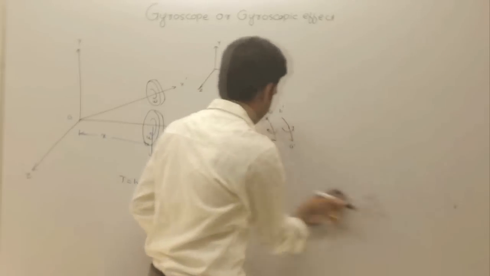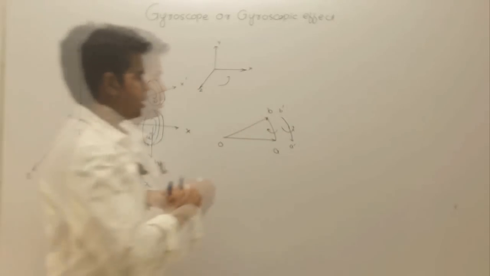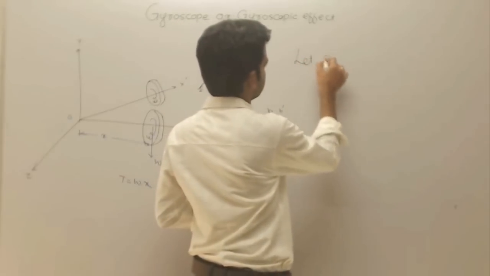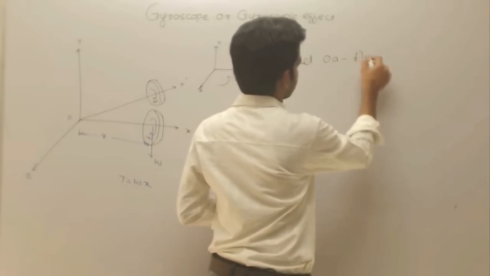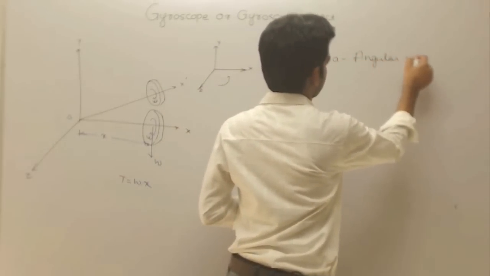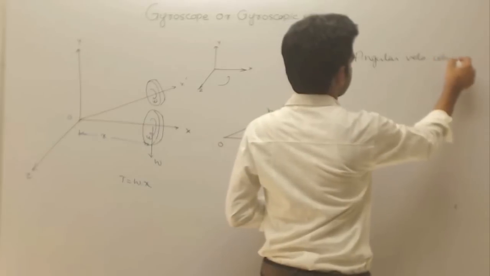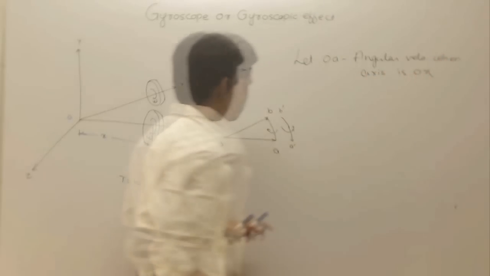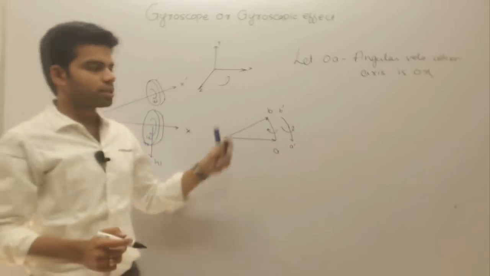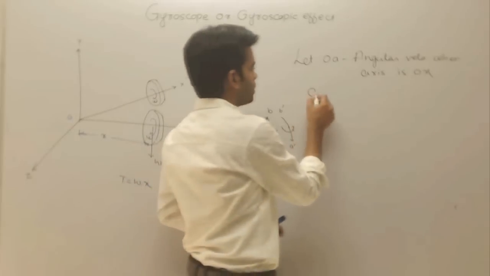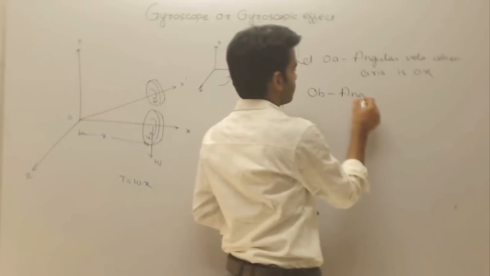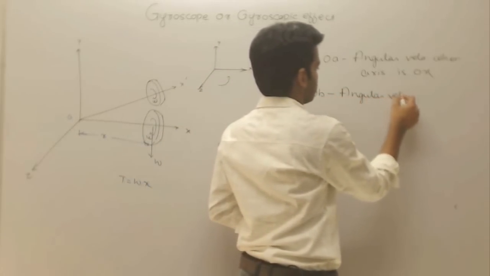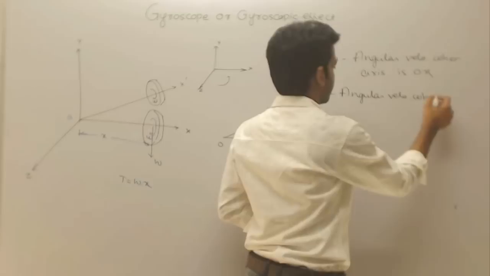Now let this OA be the angular velocity when the axis is OX. When the axis is OX, the angular velocity is OA. Let OB be the angular velocity when the axis is OX dash.